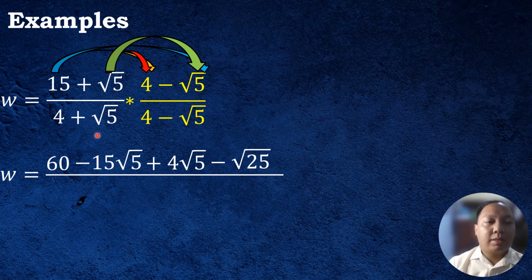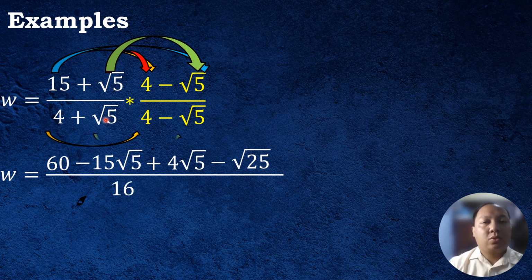Now, sa denominator naman, again, kung napapansin nyo, it's the product of sum and difference. Magkaiba lang yung sign nila, pero iisa ang content nila. We have 4 and square root of 5. Now, ang gagawin natin ay hindi FOIL method. Multiply lang natin yung first terms and last terms. So 4 times 4 is 16.